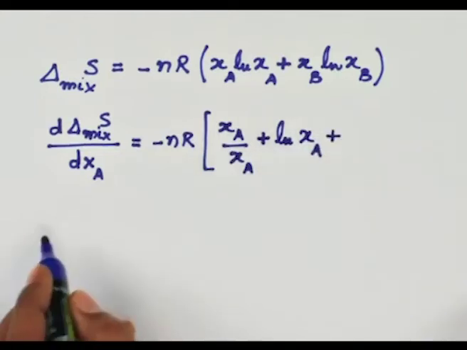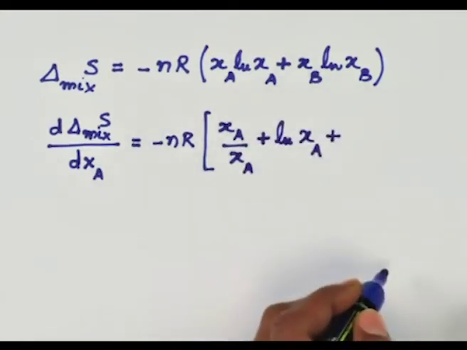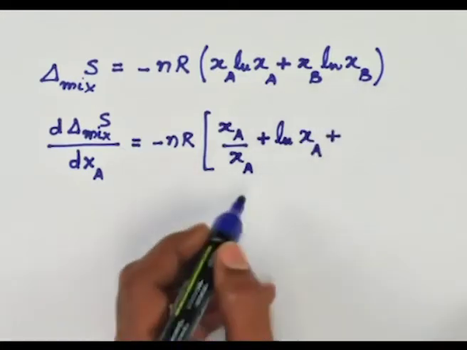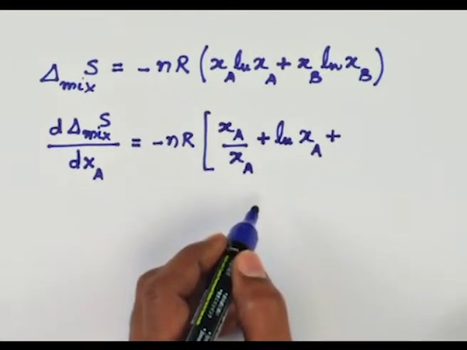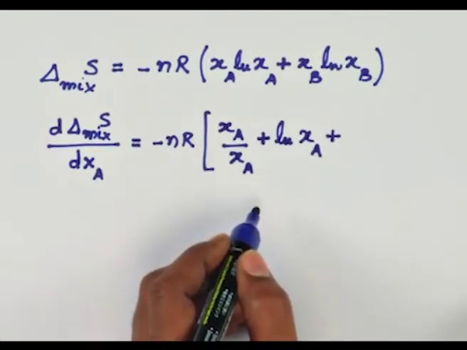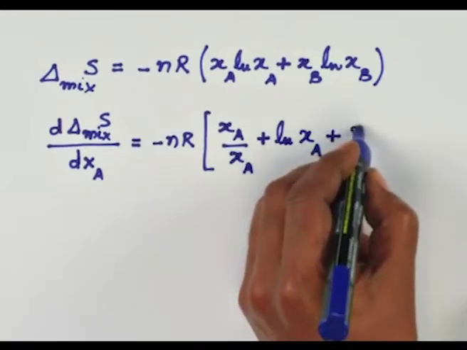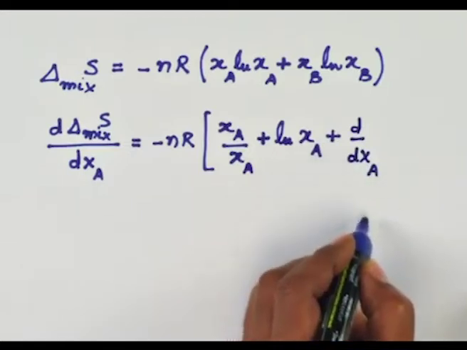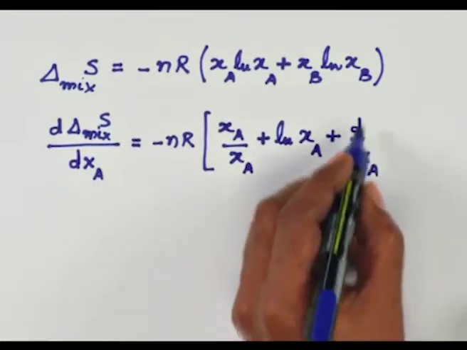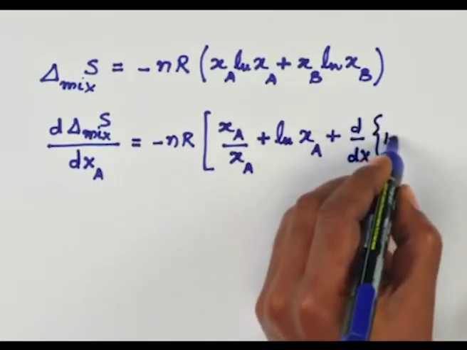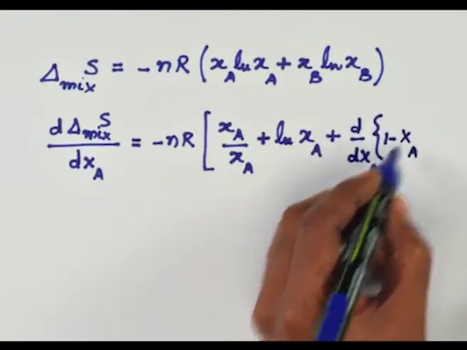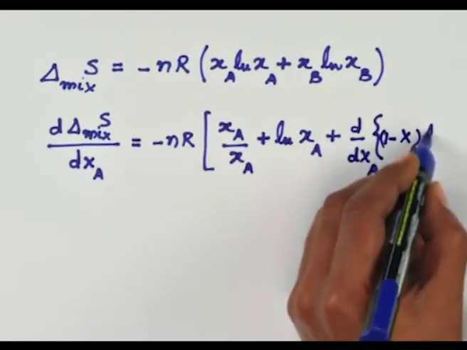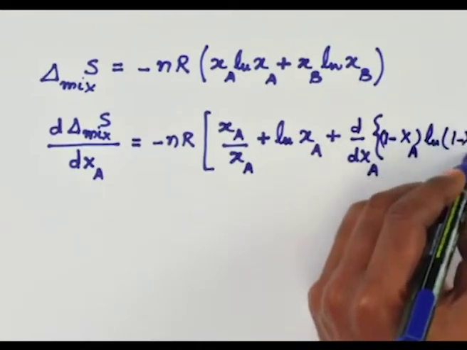Plus we need to differentiate XB log XB, and XB is equal to 1 minus XA. So, d by dXA of 1 minus XA into log of 1 minus XA.